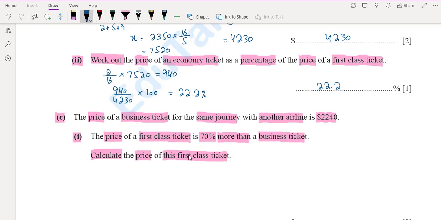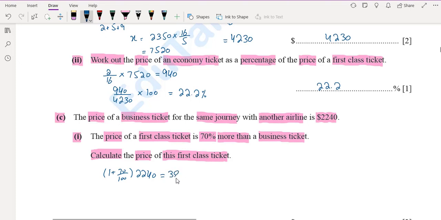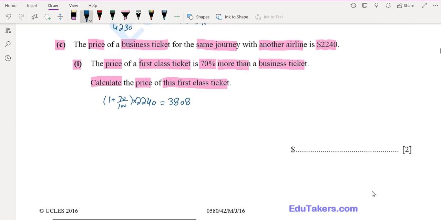The price of a first class ticket is 70% more than a business ticket, so 1 plus 70%, and the price of a business ticket is 2,240. 1 plus 70 over 100 of 2,240 is 3,808.